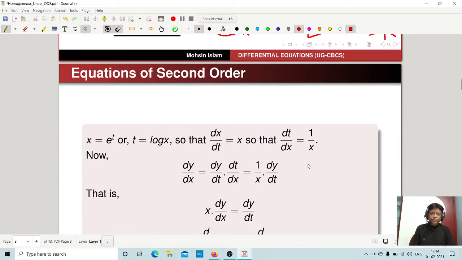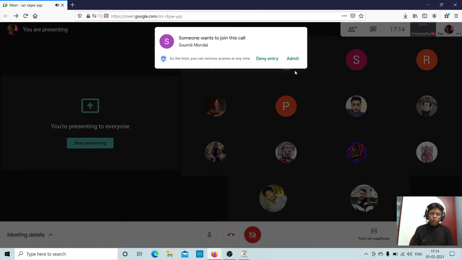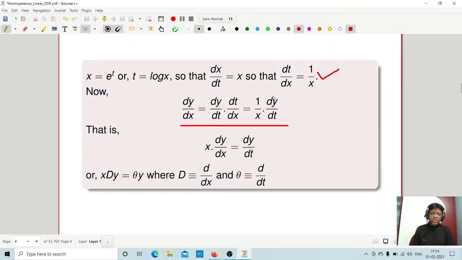For equations of the second order, how will you convert the derivatives? Already we have seen that dt/dx is 1 by x. So your dy/dx can be written as dy/dt times dt/dx, and dt/dx is 1 by x, so it is 1 by x times dy/dt.